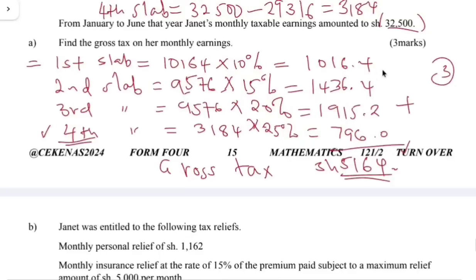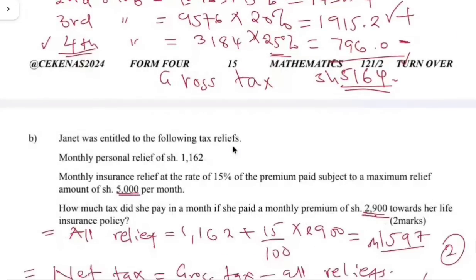So what you do, utachukua tax zote, obviously hii tax wajua, hii ushatafuta, hii ushajua, lakini hapa ndo haujui. And your fourth slab umeambiwa you'll be charged 25%.